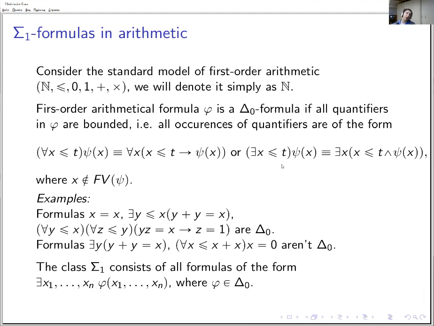So as usual, bounded quantifiers are quantifiers of this form: for all x less than t, psi of x, which is this kind of operation, and there exists x less than t, psi of x, which is this kind of operation.